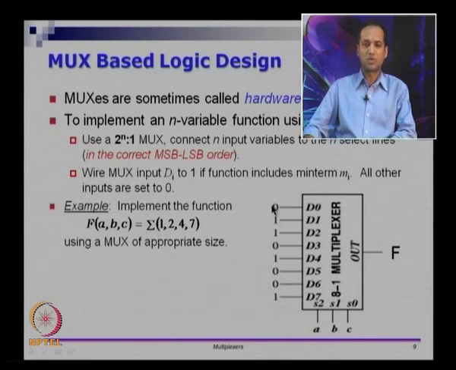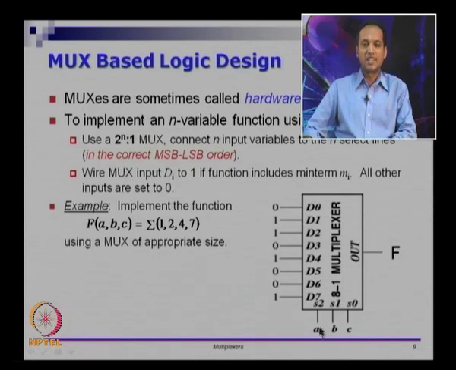The truth table will actually have this combination 0 1 1 0 1 0 0 1. So you plug the truth table into the 2 power n to 1 multiplexer as the input lines. These are all constants, there are no variables here. The actual a, b, c, which are the input conditions, you plug them in the select lines and the output is the expected output. So you can imagine how this is going to work.